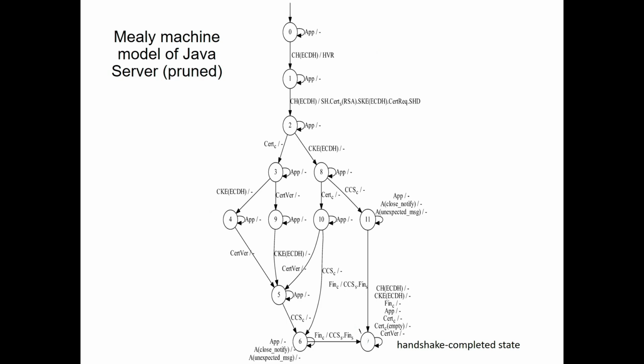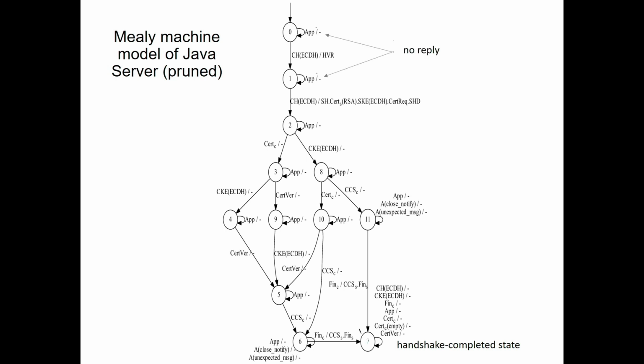Now, to go back to the example of the hairy model, I will only show not the full 124 states, but only 12 of them in this slide. This is the actual Mealy machine, well, the part of the Mealy machine we learned for the Java server.